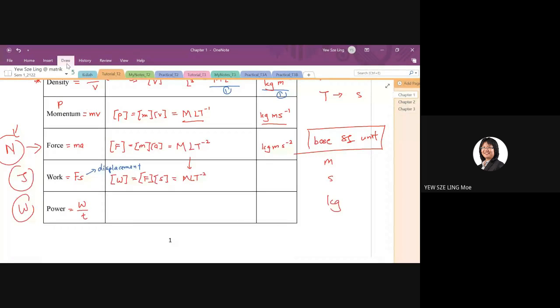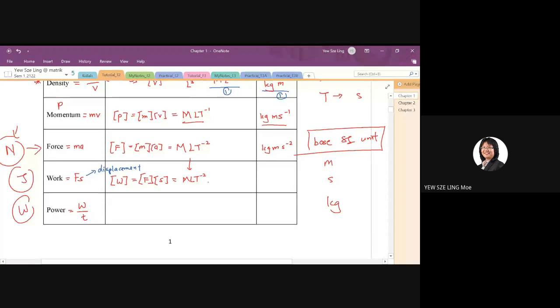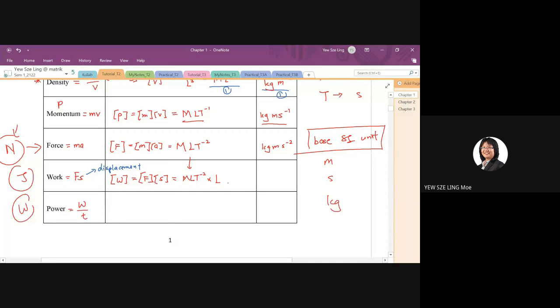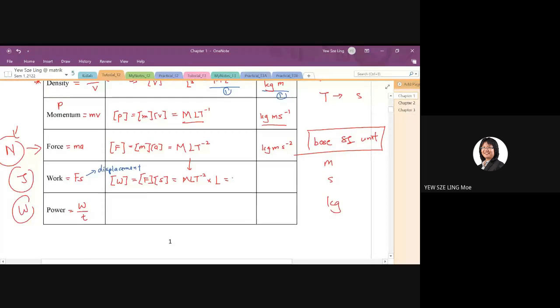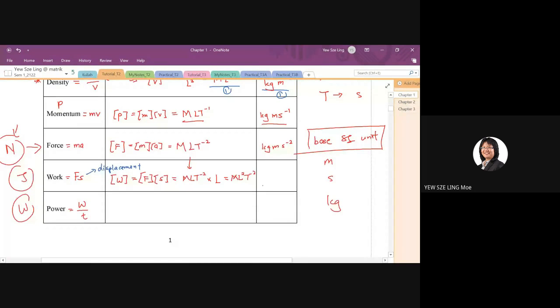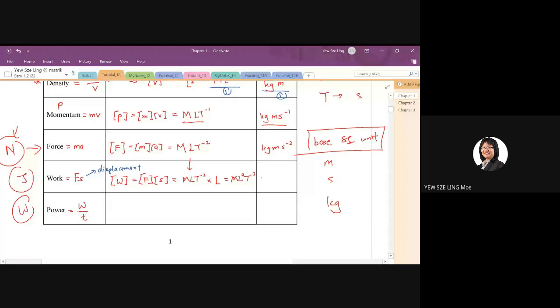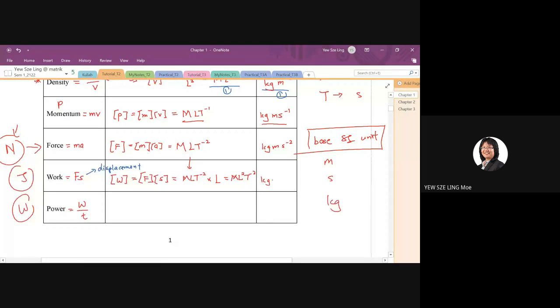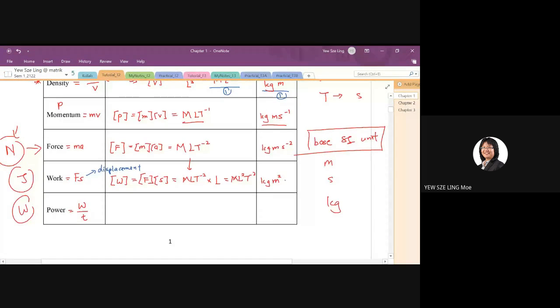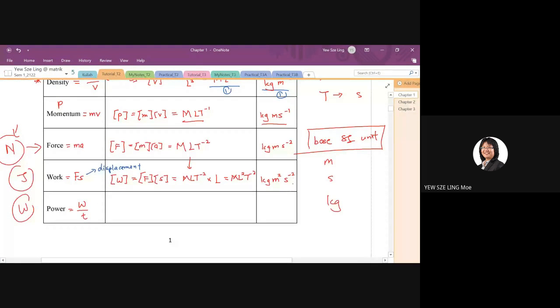You measure with length. The unit is in terms of length. So you're going to have times L here. So it is equal to ML^2T^-2. So now you convert it into SI unit. So M is kg, L is meter, but now the meter comes with a square, so m^2, and then s^-2. So this is the base SI unit for work.